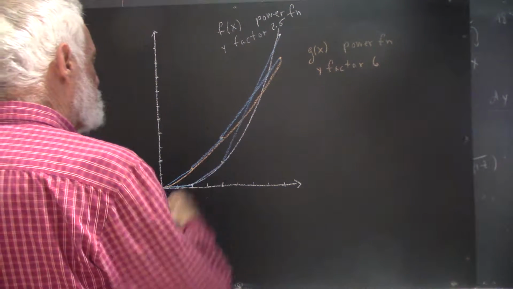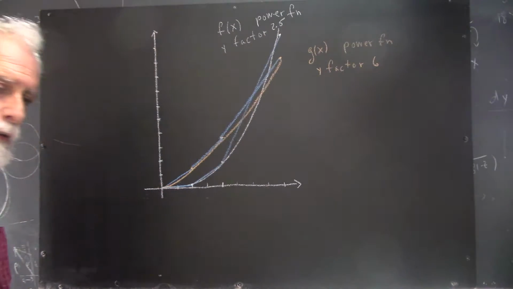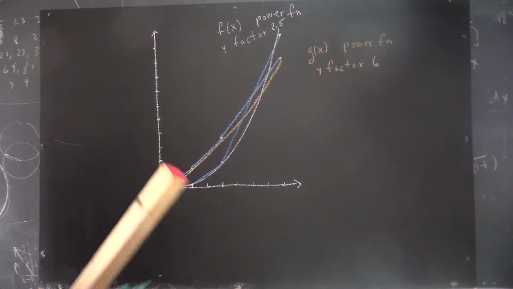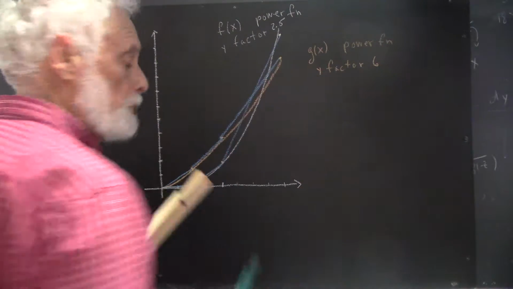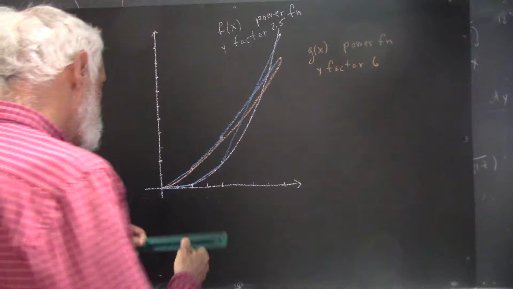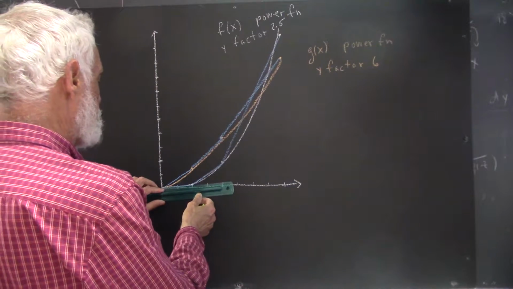for each of these segments, I'm going to attempt to locate the point at which the slope of this segment matches the slope of a tangent line to the curving graph. Let me see if this ruler reaches. Not quite. Well, okay, I'm going to use this thing. It happens to have a scale too, but we're going to ignore it.